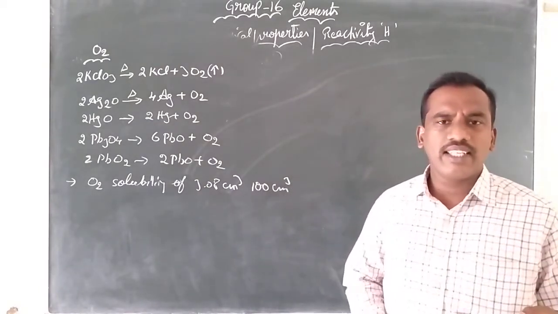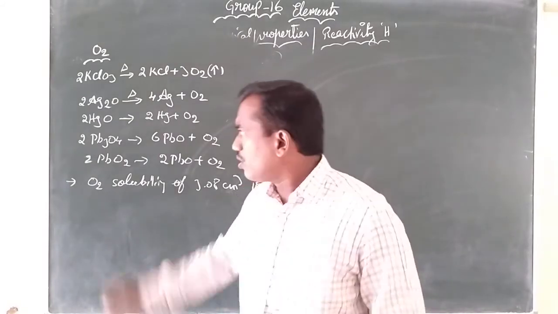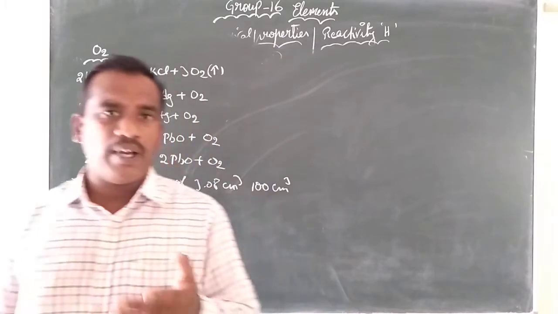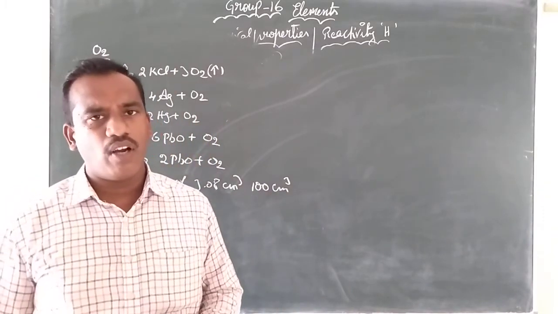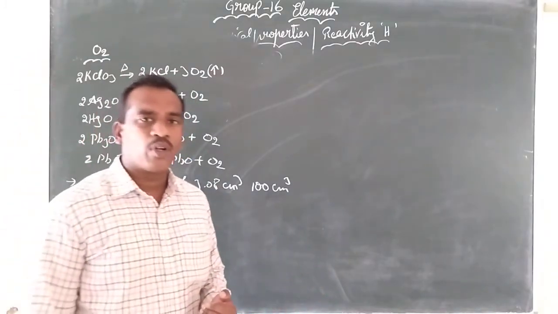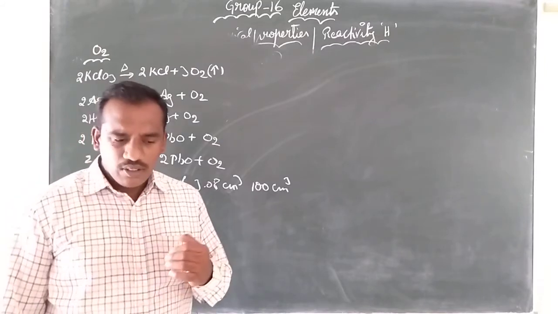That is letting the aquatic organisms to survive. Not only these methods of preparation of oxygen, we can get it by the electrolysis of water. Even from the decomposition of hydrogen peroxide also we can get the oxygen.